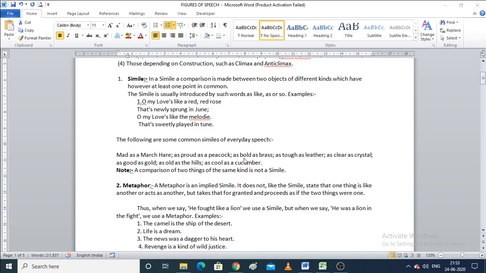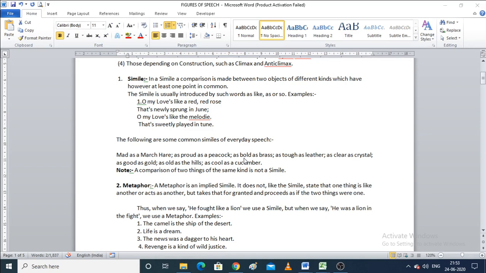It is a comparison which is made between two objects of different kind. The main thing that you have to remember here is that we do not use simile with two things of the same kind. No, we will use simile to compare two different things.